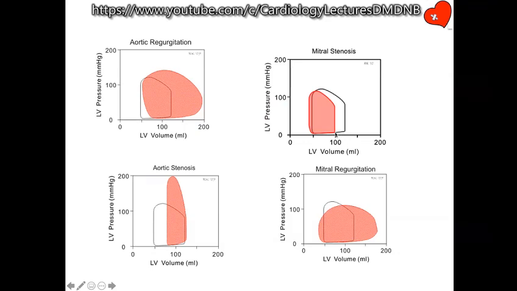The rest of it looks normal: normal isovolumic contraction, normal ejection, normal isovolumic relaxation. Only the diastolic filling seems to be impaired. So, likely to be impaired filling.